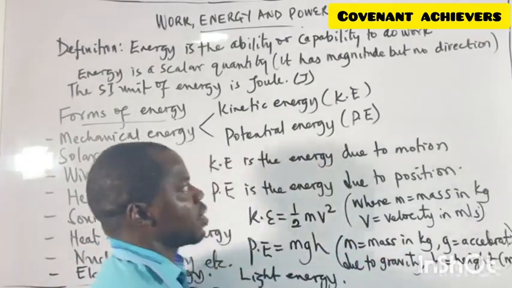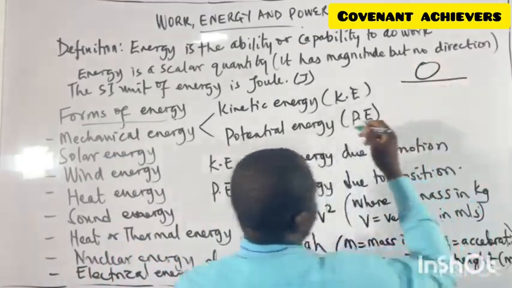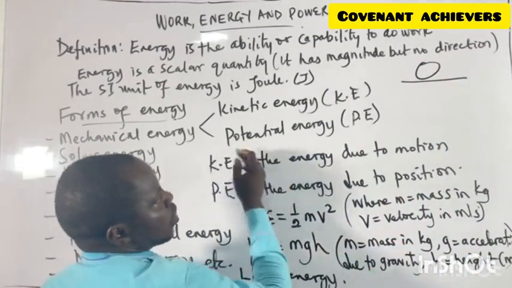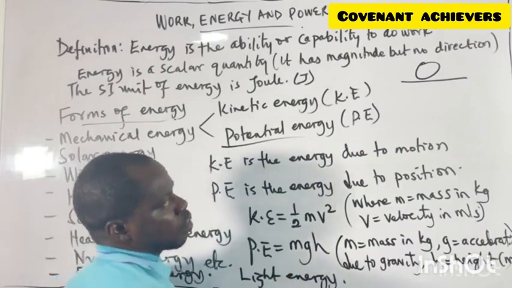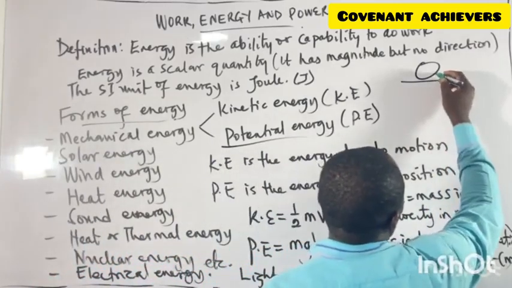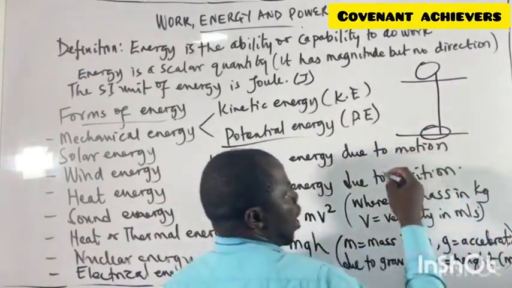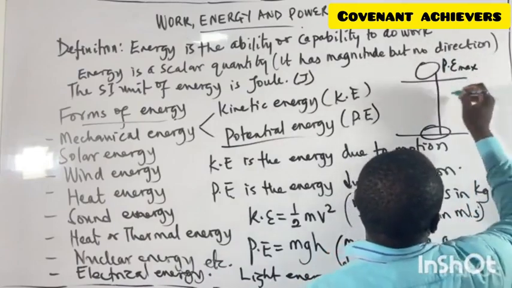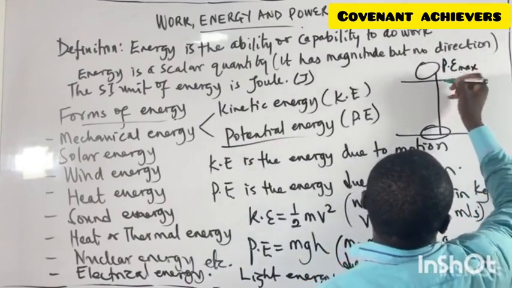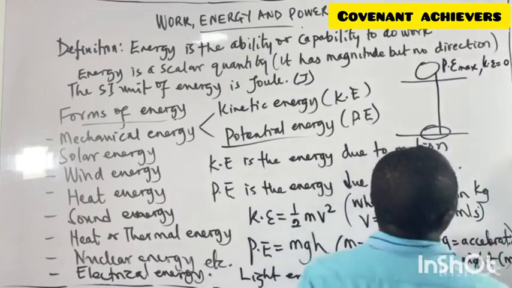Initially, when an object is in a state of rest, at that position it possesses the maximum potential energy because it is energy due to position. At this point the potential energy is maximum because it is at rest and not moving, whereas the kinetic energy here is equal to 0.